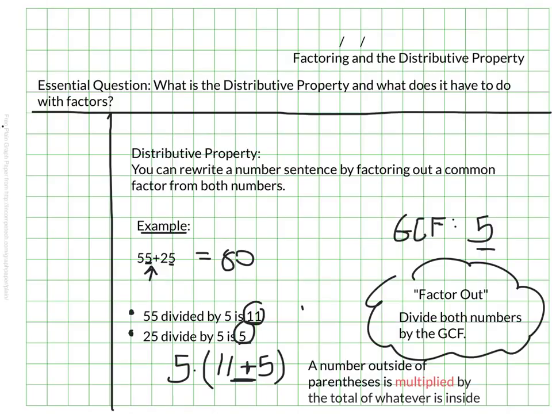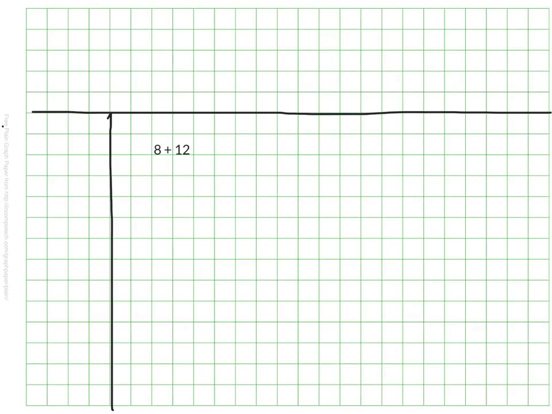Let's try a few practice problems. We'll start with a really friendly pair of numbers, 8 and 12. And we want to rewrite these using what we know about factoring out common factors and using the parentheses to show the distributive property's relationship to 8 plus 12. So first, let's take a moment to decide what our GCF is, our greatest common factor.